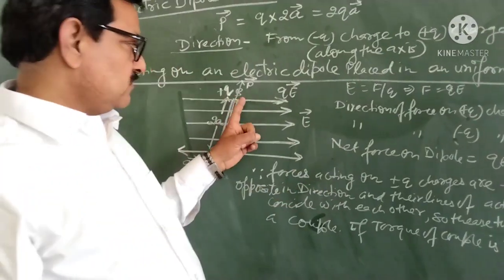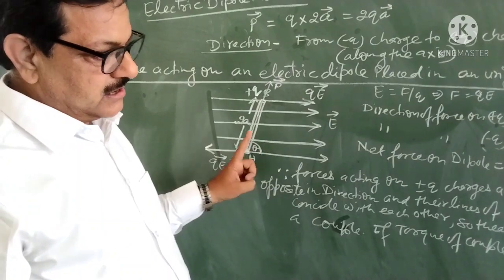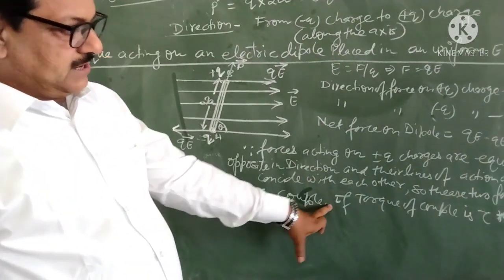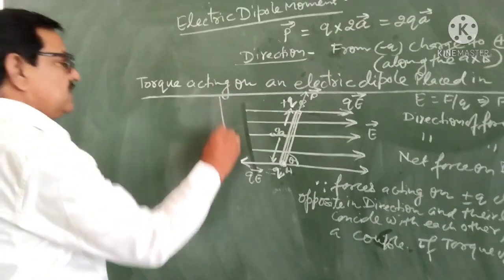See here, these two forces are equal in magnitude, opposite in direction. Their lines of action do not coincide. So these two forces form a couple. Torque is tau. Then we can find the value of tau.